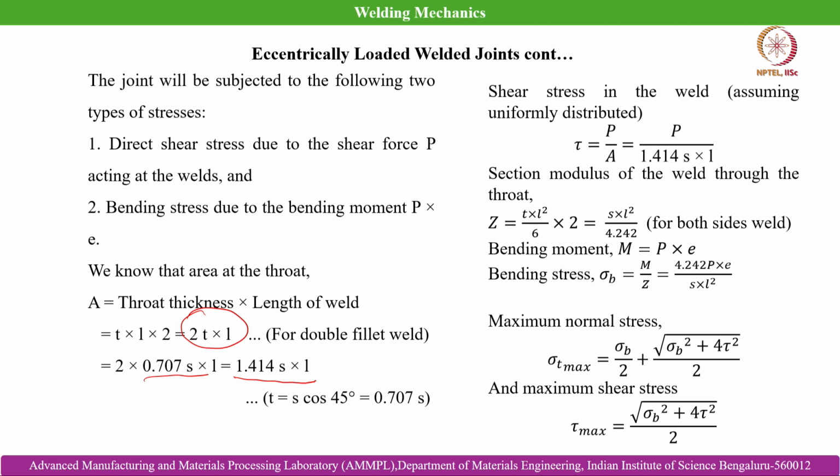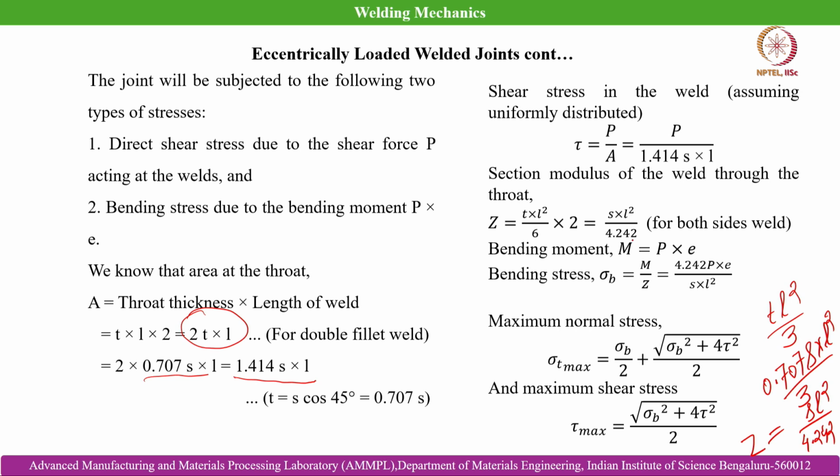So that's why it has to be multiplied with 2. So it becomes T L square by 3. Okay, and then if you put the value of T, that is 0.707 S, finally it assumes the value of S L square divided by 4.242. So this is the value of the section modulus Z.